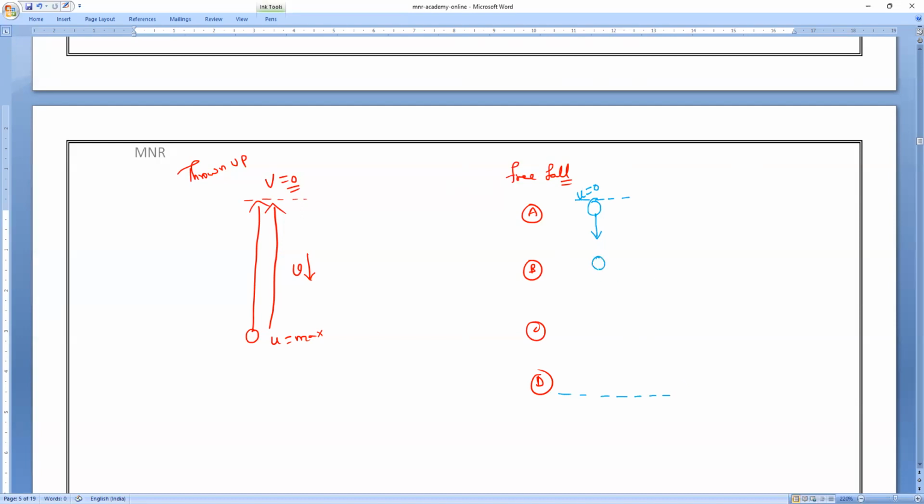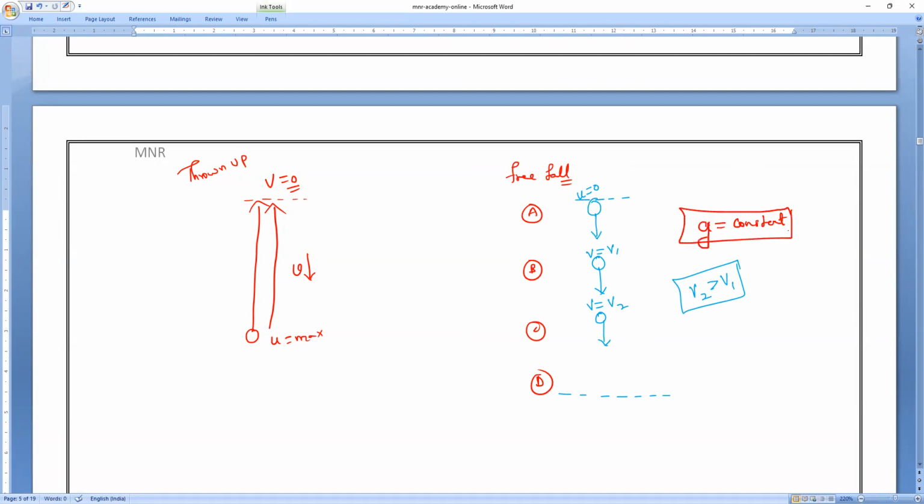Now when the object comes here, definitely V is equal to V naught, so it is not equal to 0. When the object comes to this height, V becomes V2. V2 is definitely greater than V1. As the object is coming down, the acceleration remains constant, that is the acceleration due to gravity.